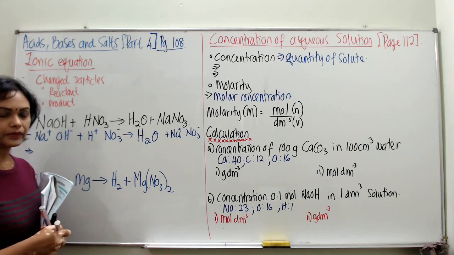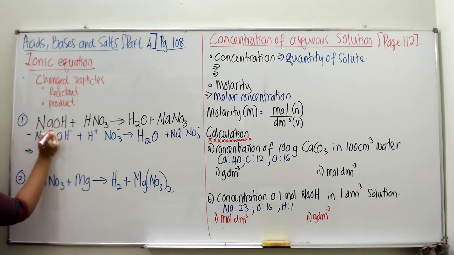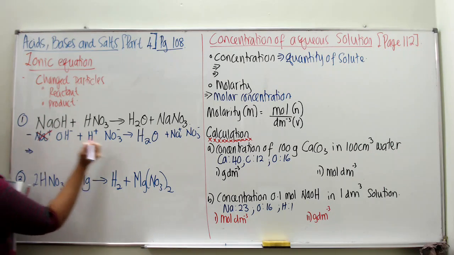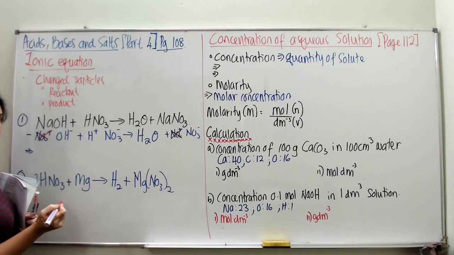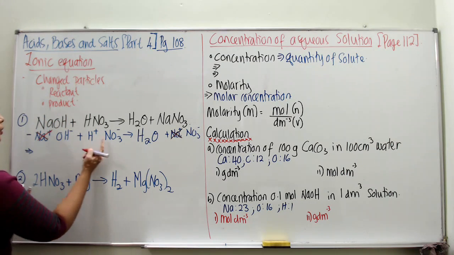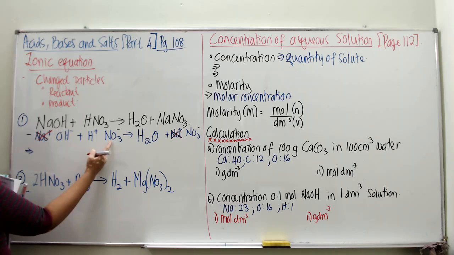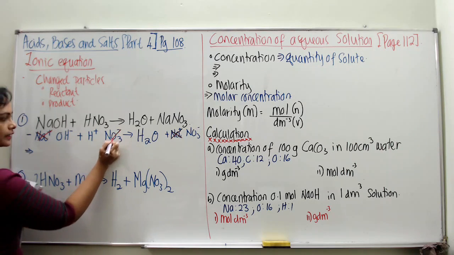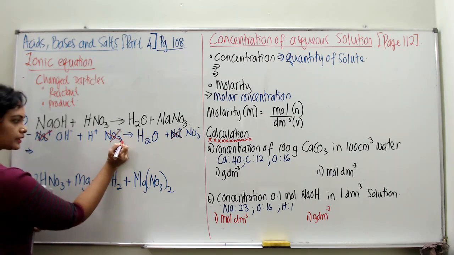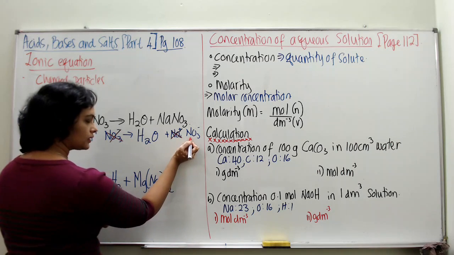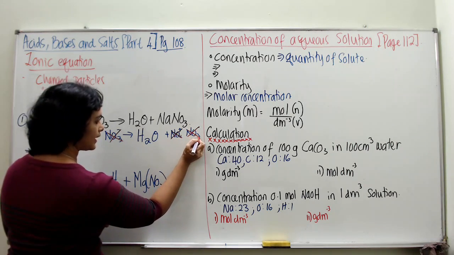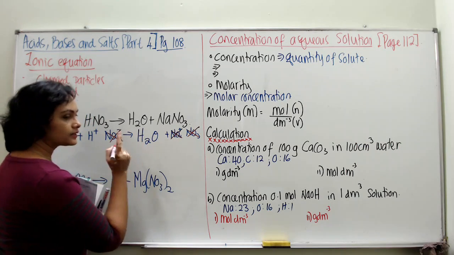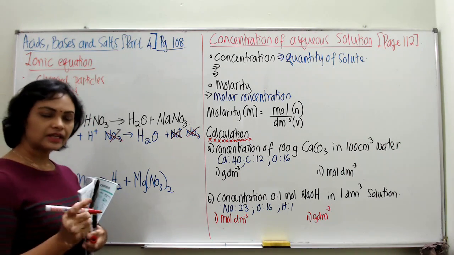So that is the reason why we can cut sodium ion at the product and reactant. Now look at nitrate ion. You can cut nitrate ion at the reactant and at the product. Why? Because both of them, at the reactant and product, are the same. They are still in ion form.